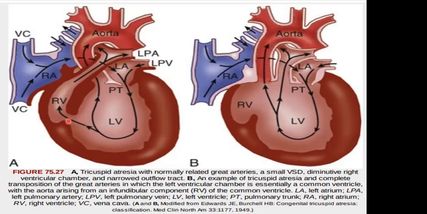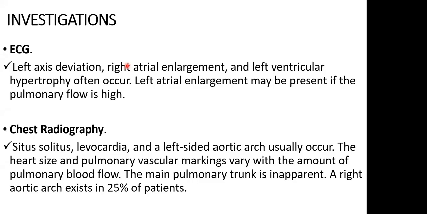From the left ventricle, it goes into the right ventricle, and then it goes into the pulmonary artery. From the pulmonary artery, it gets into the lungs, and then the pulmonary vein, gets back into the left atrium. So there's a mixture of both deoxygenated and oxygenated blood, and that's what brings about cyanosis in these patients. So that's how the picture looks.